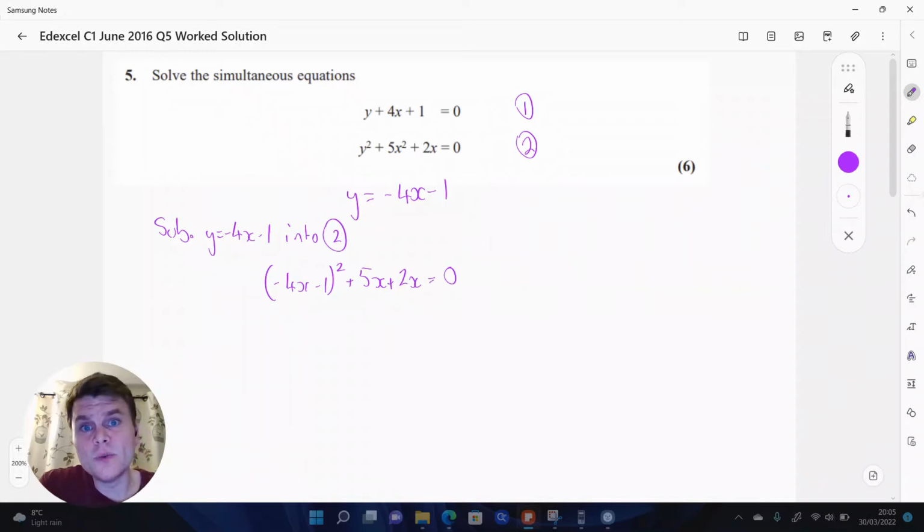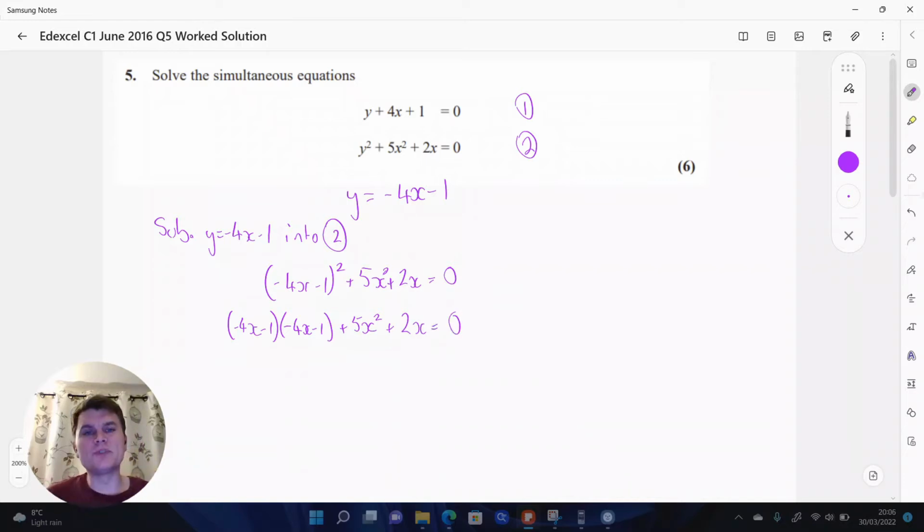Next bit is to do the expansion of the brackets. When we've got this bit here, remember that we're essentially expanding a double bracket. So when we expand that one, you have that.